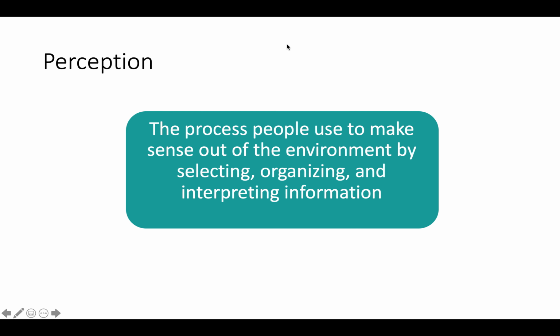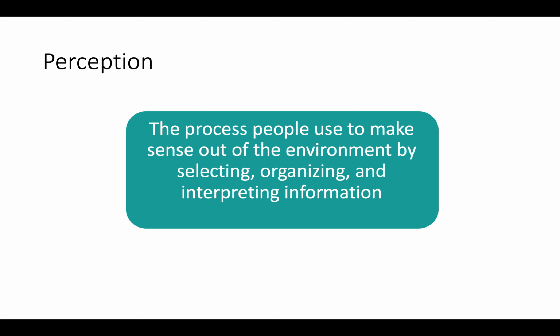Now, perception. Perception is the process people use to make sense out of the environment by selecting, organizing, and interpreting information. Now, when you get to values and attitudes and so forth, a lot of it is going to determine how you perceive the world, and how you perceive the world is going to affect your attitude and your behaviors.